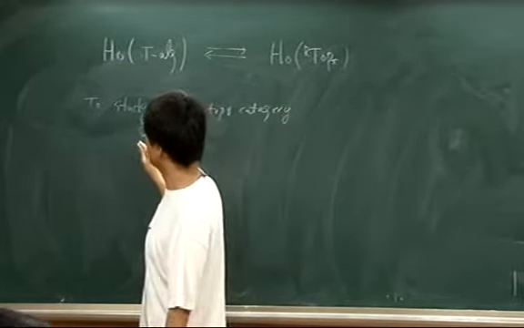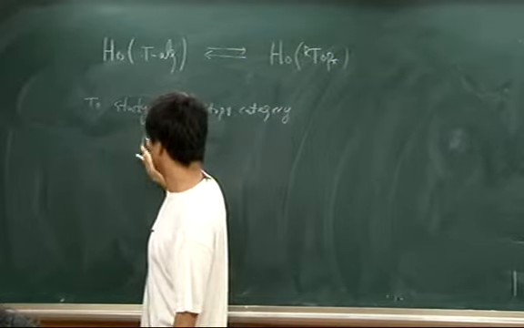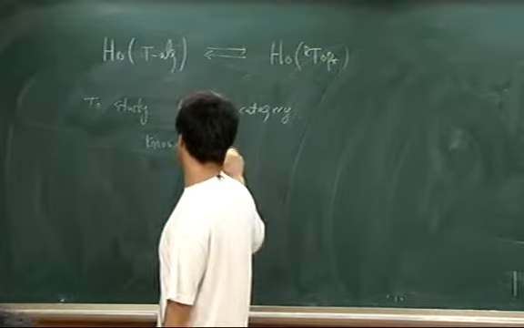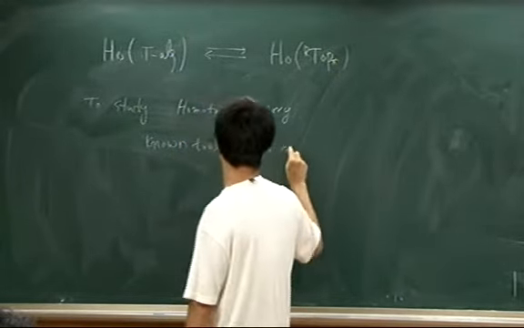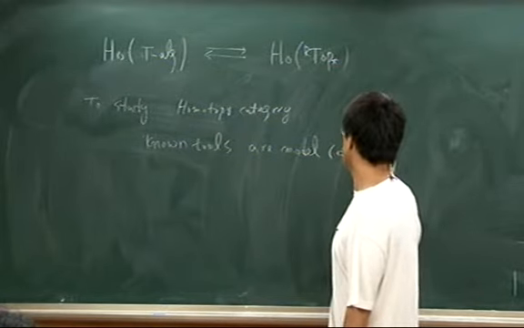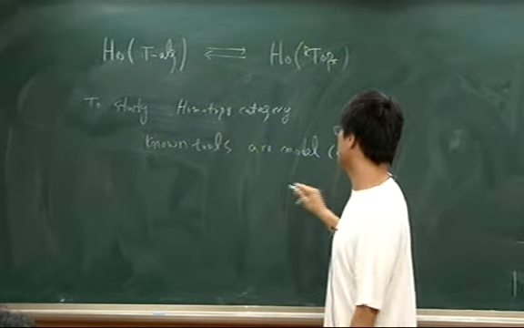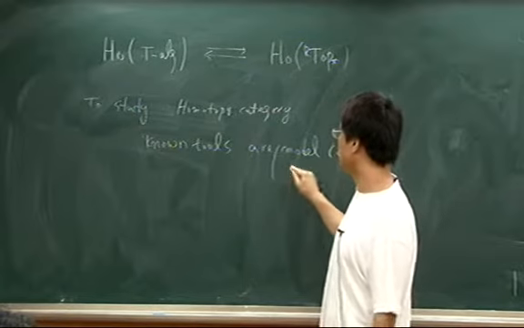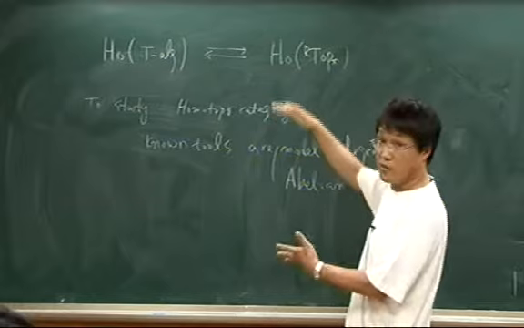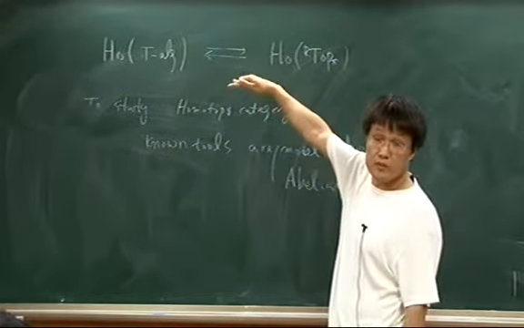The main known tools are so-called model category. And also another one is when you study the abelian categories, then you know a lot more things about this homotopy category.